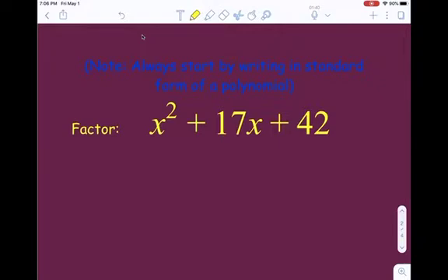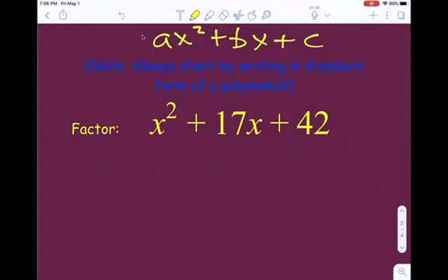So the first thing is you always want to make sure it's written in that form, ax squared plus bx plus c. So you always want your squared term to the left, and then your degree of one term next to it, and then your constant all the way on the right.